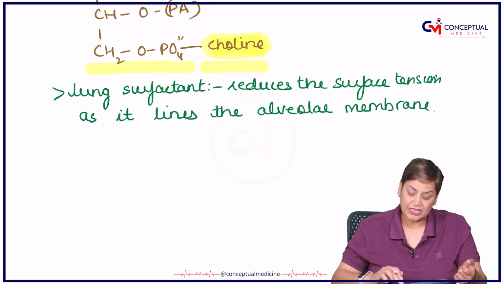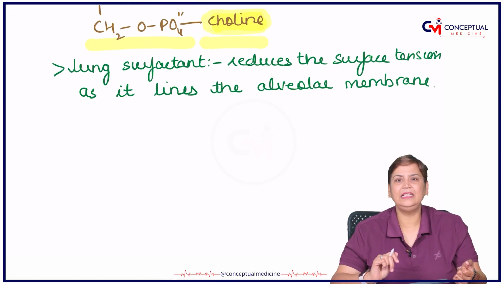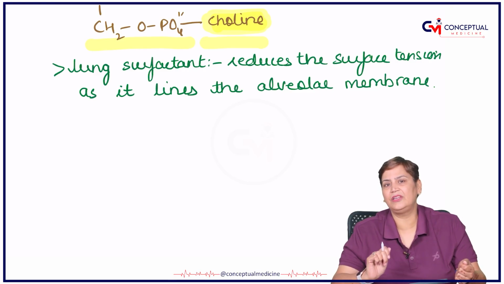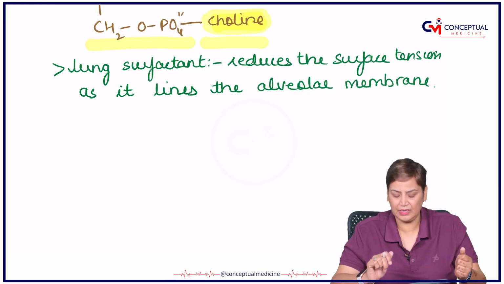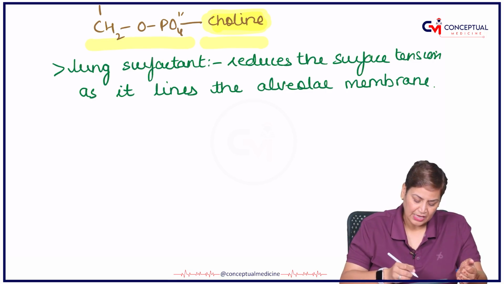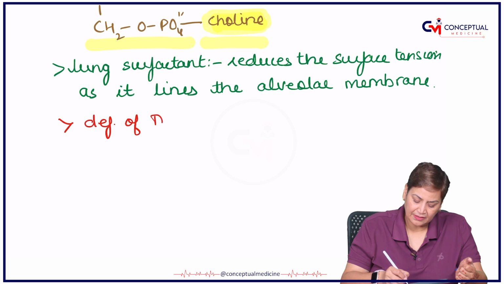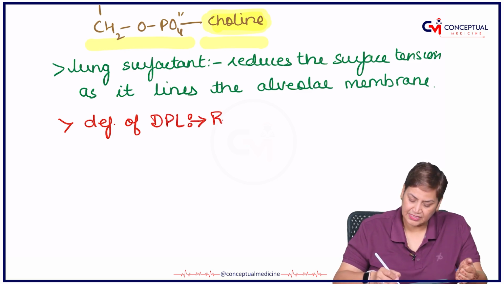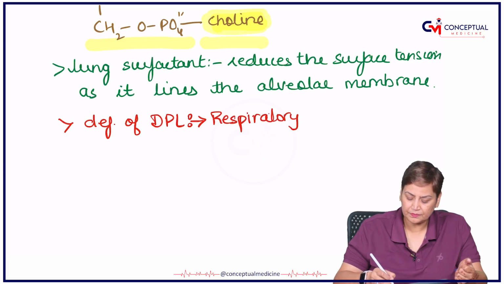And deficiency of DPL leads to respiratory distress syndrome. It is again very, very important. So deficiency of DPL will lead to RDS, which is respiratory distress syndrome.